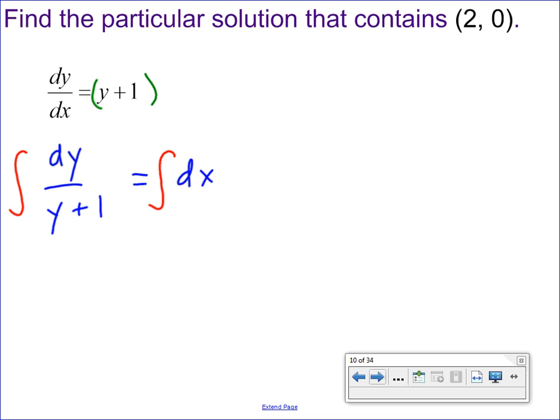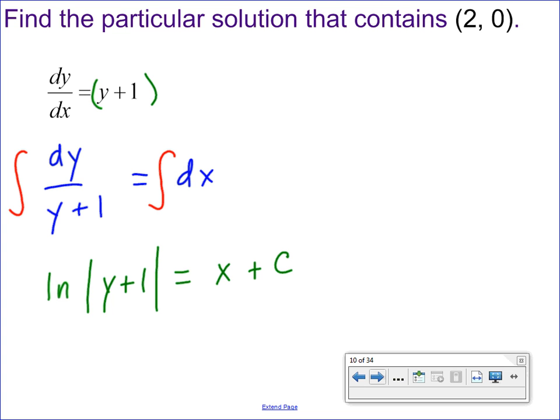This produces the family of antiderivative functions y given by what? Natural log of absolute value of quantity y plus 1 equals, and the antiderivative of dx with respect to x is what? It's just x plus c.